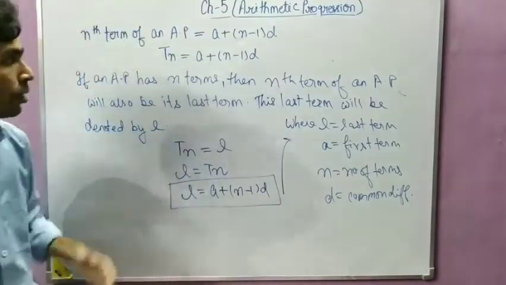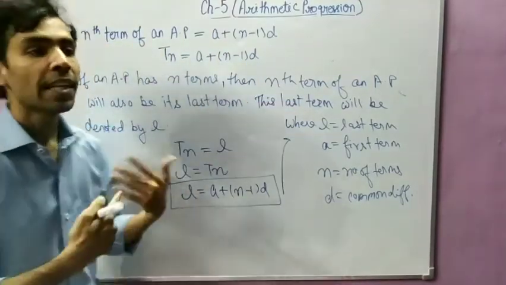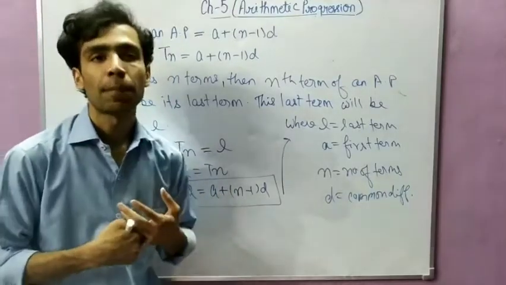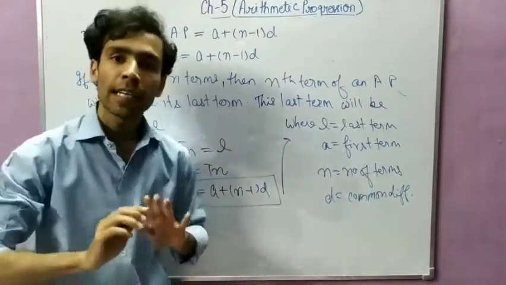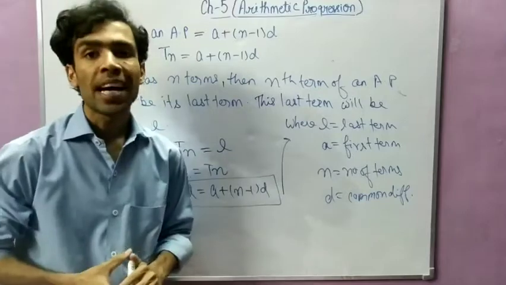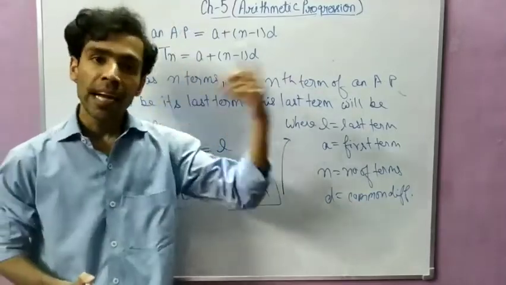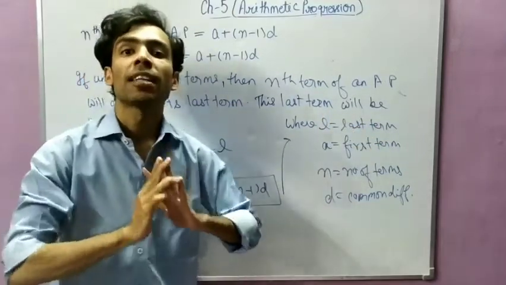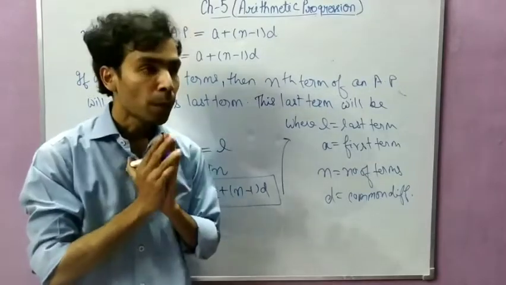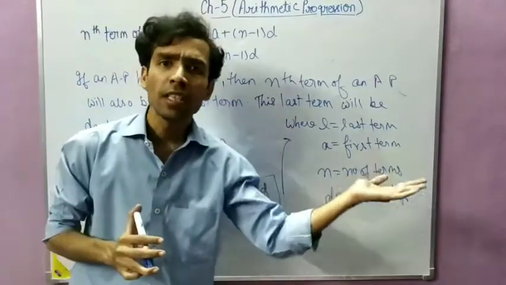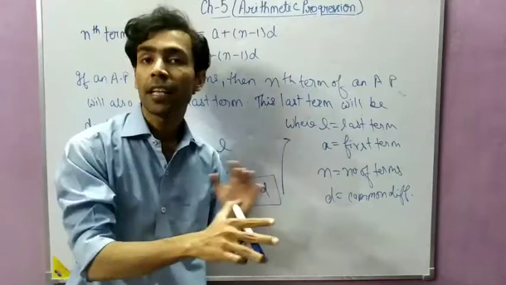L is the last term, a is the first term, n is the number of terms, d is the common difference. Here we are talking about the finite terms of an AP, because in our syllabus only finite terms are there. If an AP has infinite terms, there will not be any last term, because if we cannot count it, how can we define the last term?